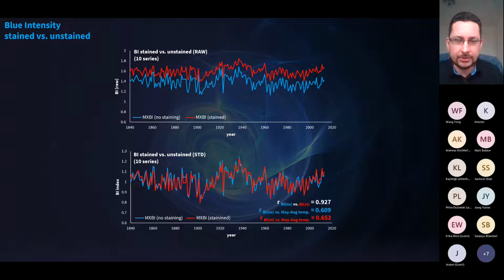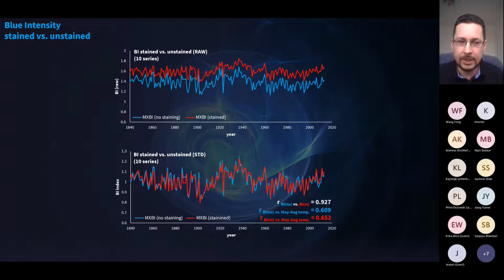So in this case, by staining the sample in a consistent way, we end up with a chronology which has a higher temperature response. This could point to the possibility that staining the sample in this way removes some localized color discoloration, and we end up with a series with a higher inter-series correlation.